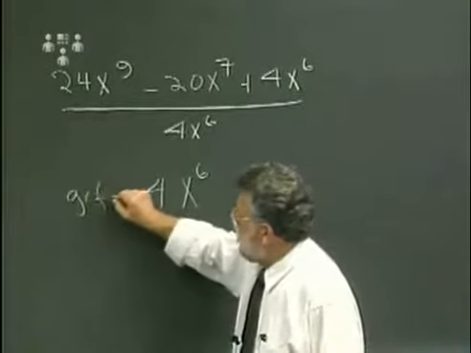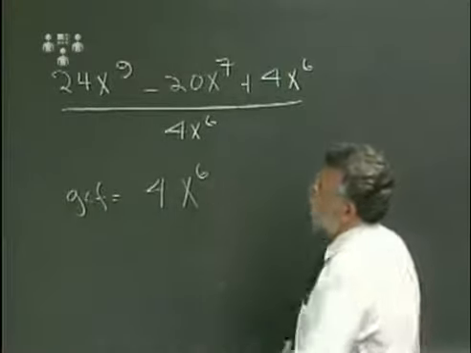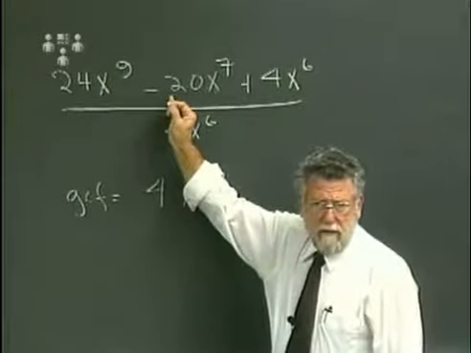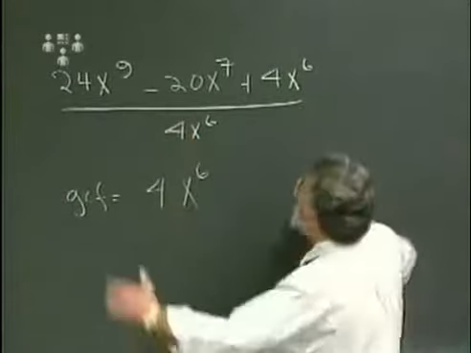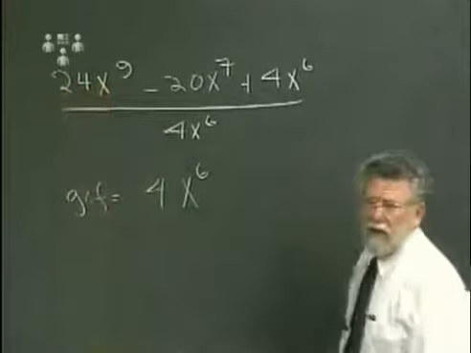Now, that's one level. Now, the other level is to take something like 4x to the 6th and divide it into here. So I could say I have this trinomial with the divide symbol over here and then a 4x to the 6th.